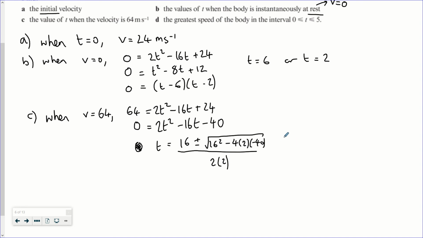And I'm going to use my calculator to give me the two values of t. So the two values of t that we get are t equals minus 2 or t equals 10. That's my two solutions.